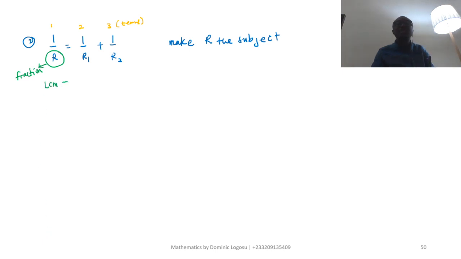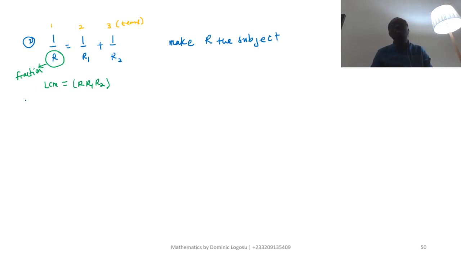I told you when they are variables, all of them are variables, what you do is bring the variables together, so it becomes R, R1, R2. Let's close the bracket. Now, having this, we know our LCM. Because we want to get rid of the denominators, we need to multiply the LCM with each of the terms in this equation.